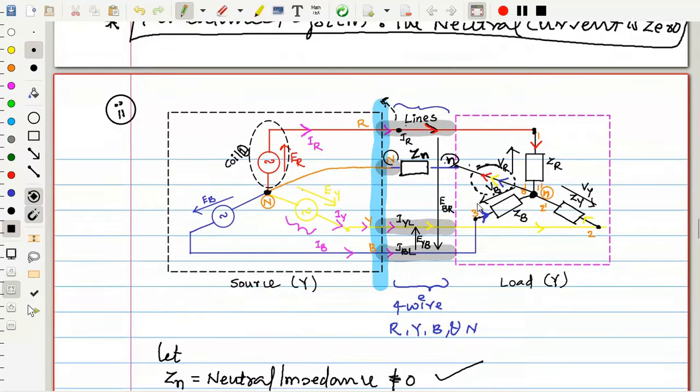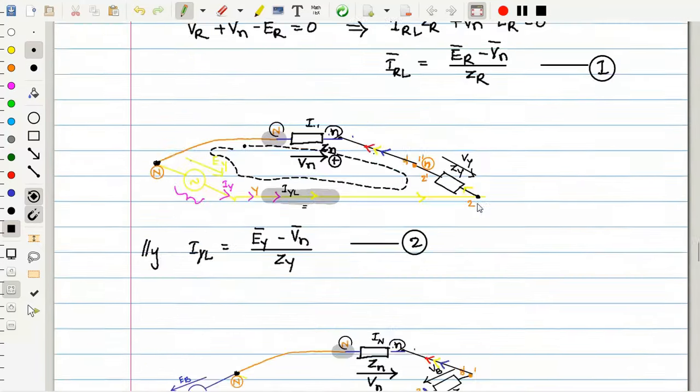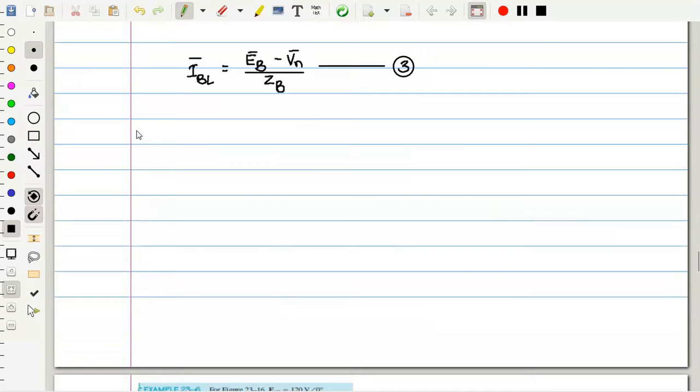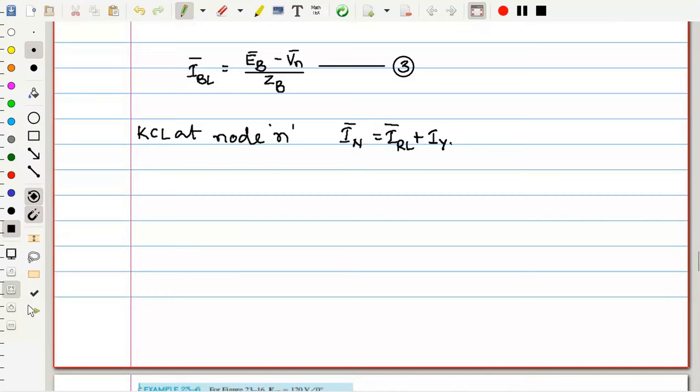Now from the KCL at node n, small n, node n gives the neutral current IN is equal to IRL plus IYL plus IBL.